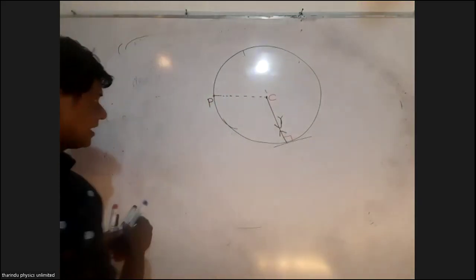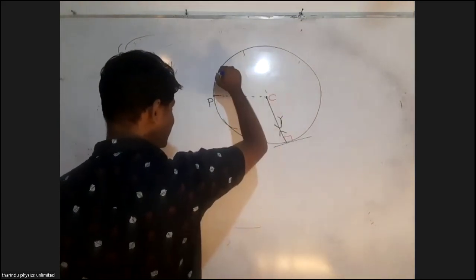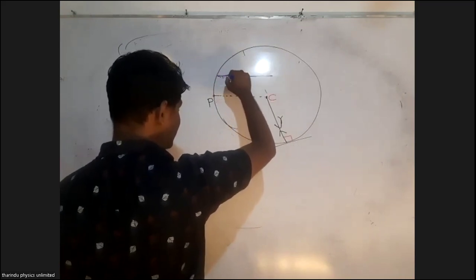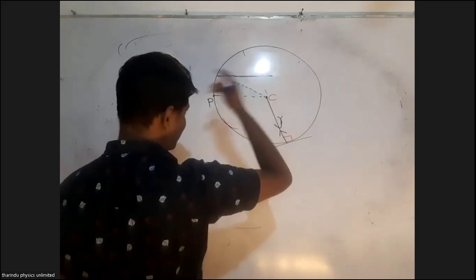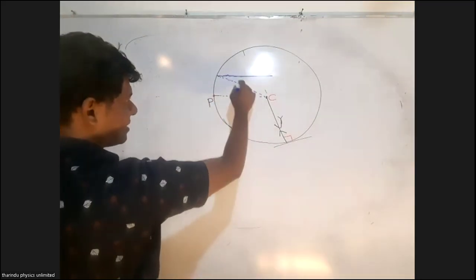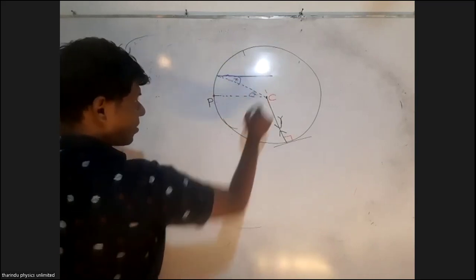I'm going to draw another line. If I draw a certain line parallel to this principal axis, won't it create a certain angle exactly like this? This Z type of angle we call alternate angles.